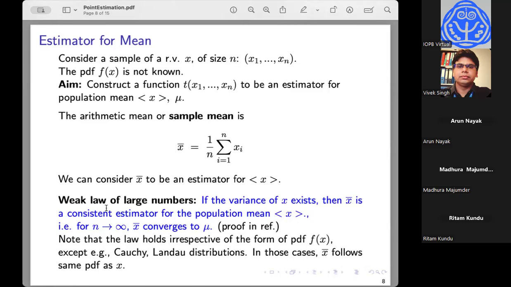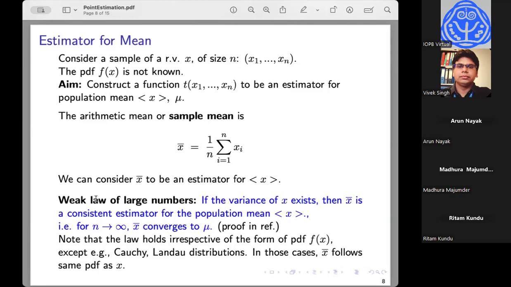That means in the large sample limit, x bar converges to the mean. So that's why we call it a consistent estimator.